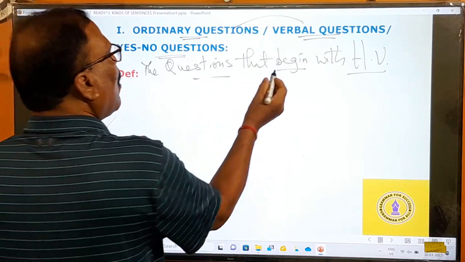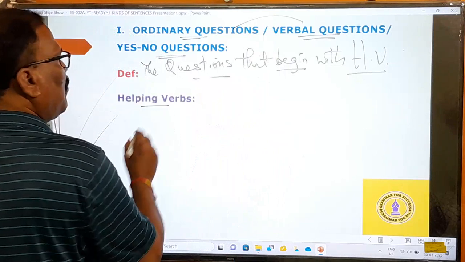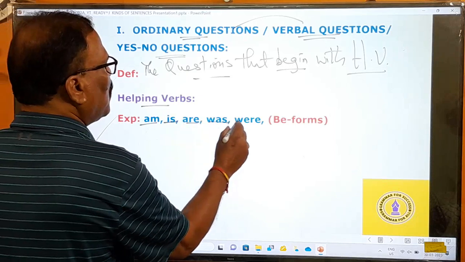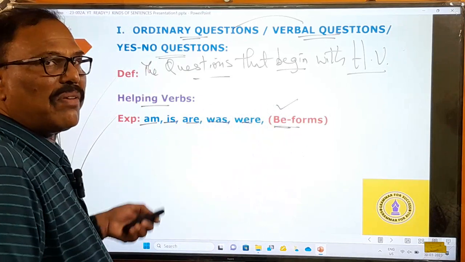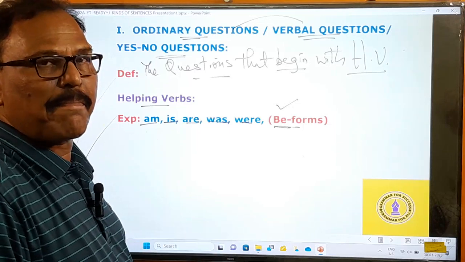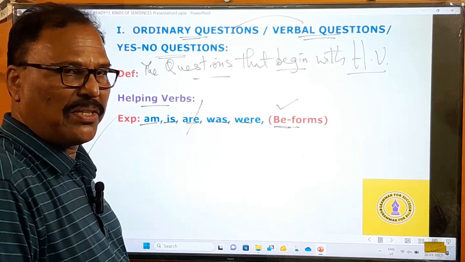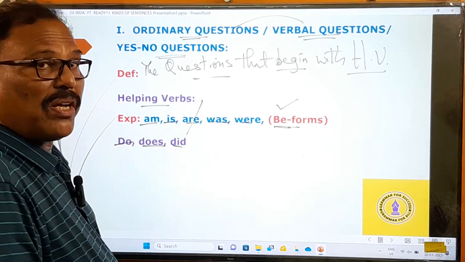So what are the helping verbs? Let us see that. I'll give you a list also. Here you see that am, is, are, was, were, these are all helping verbs, and they are also called be forms because they were all born from be. Am, is, are are present be forms, was, were are past be forms, right? And here you pay attention: do, does, did, these are also helping verbs.